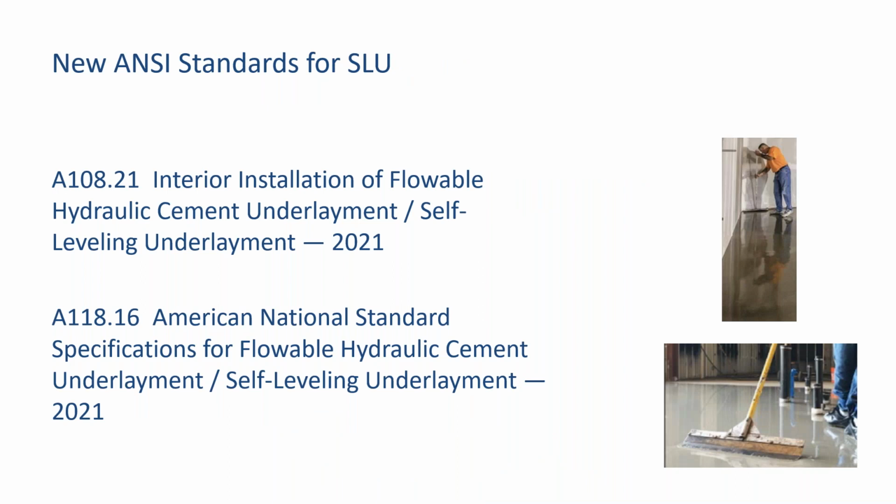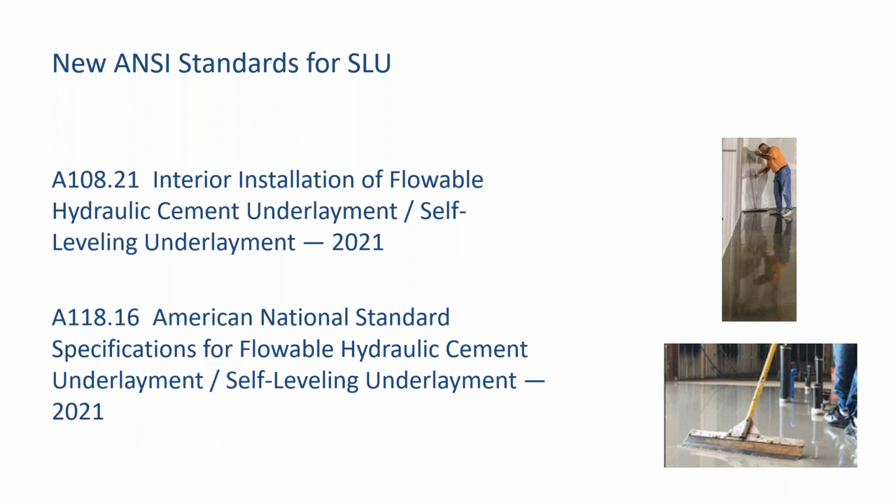All right, so in 2021, we put out 2 new industry standards. A108.21, which is the installation of a flowable hydraulic cement underlayment, or a self-leveling underlayment, same name if you might. Why do we have flowable hydraulic cement underlayment?